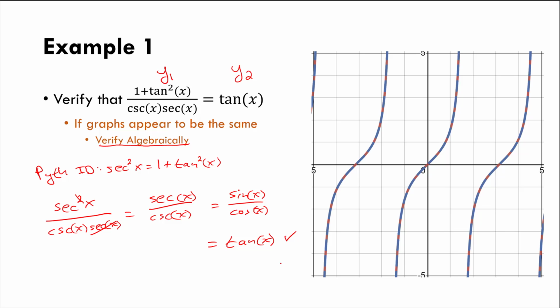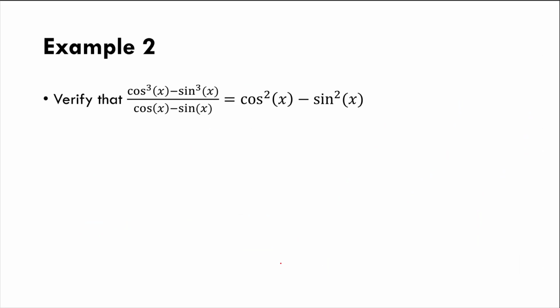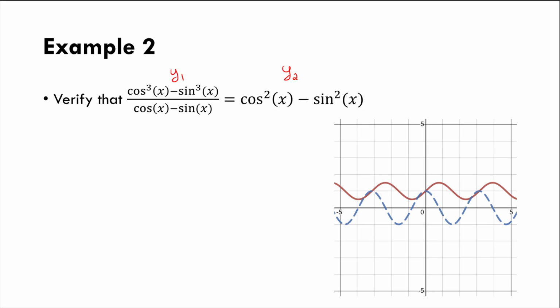Let's take a look at one more example here. We're going to verify that this y1, the left-hand side of this equation, is equal to y2, and we're going to do that by, again, just using our graphing calculators. If you take some time and plug that into your graphing calculators, you will see that these do not look very similar.